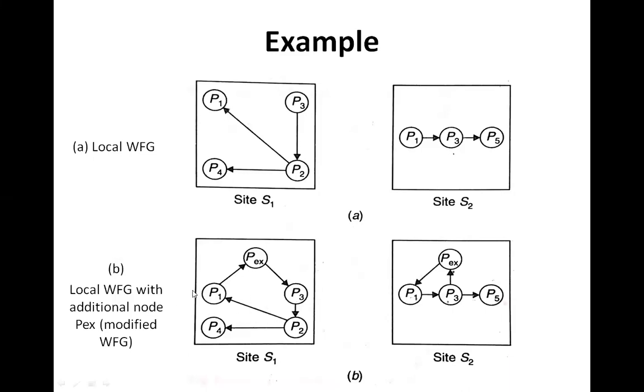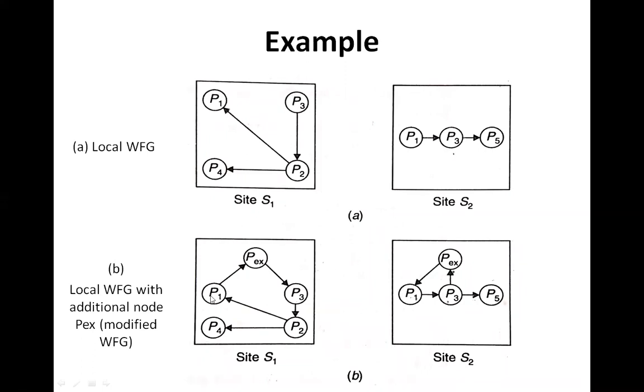Now, in this WFG, which is the WFG of site S1, an edge is being added from P1 to PEX because P1 is waiting for a resource in site S2 that is held by P3.